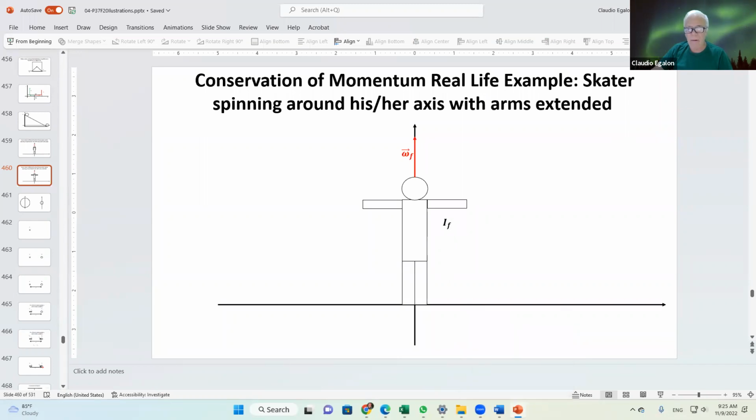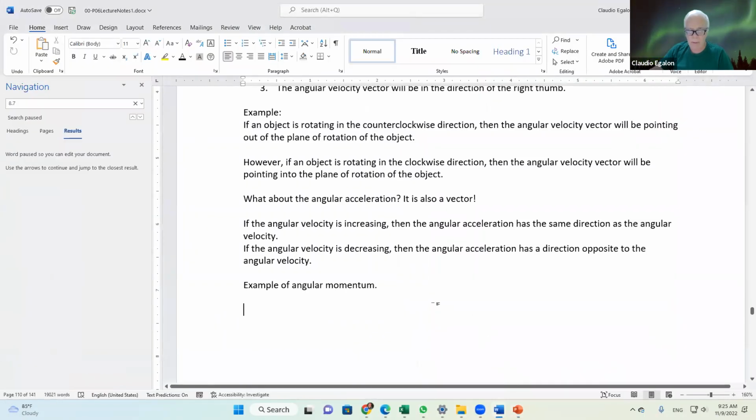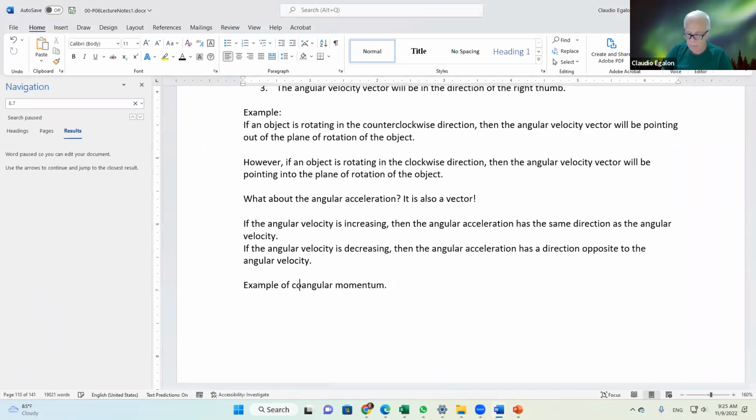So here we go. Let's do the example, but let me document that first in my notes. Example of conservation of angular momentum. Skater spinning around her longitudinal axis.